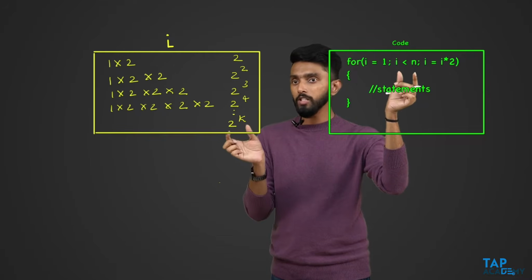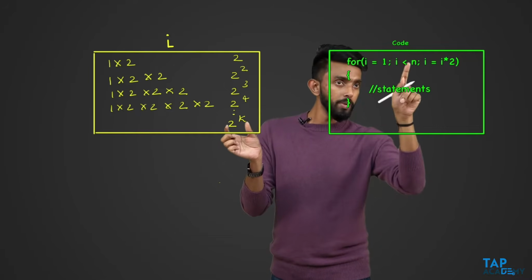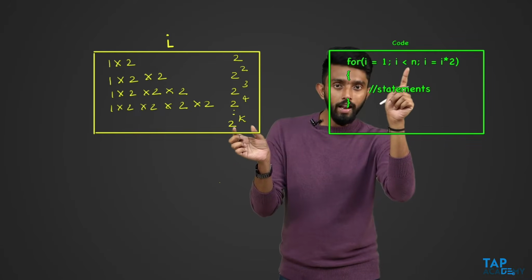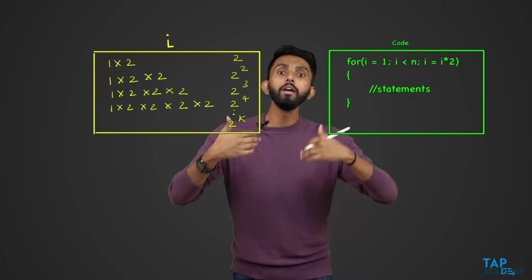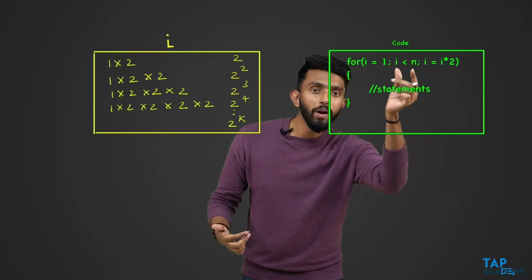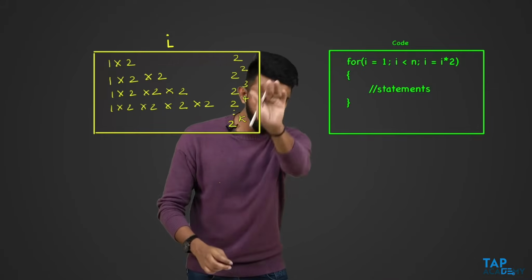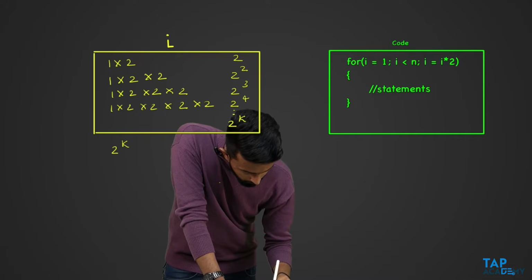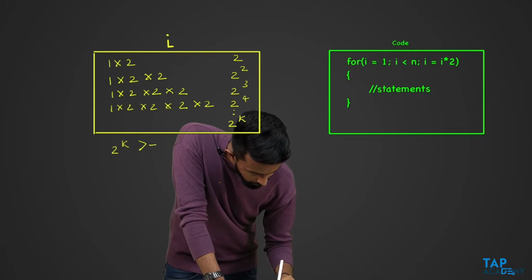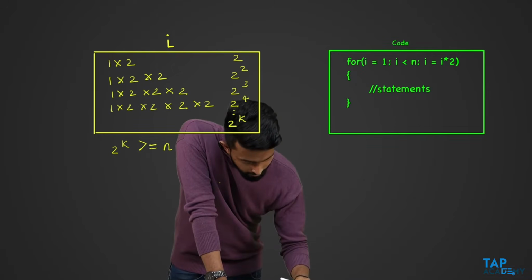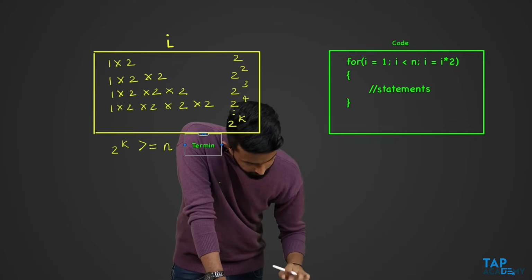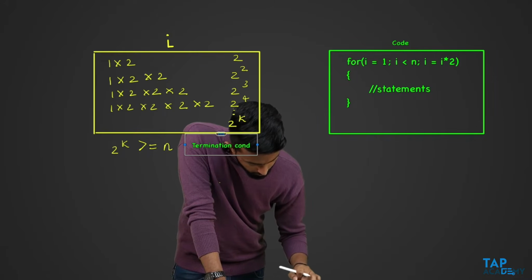This is the last value, that's why it came out. Which means, would you agree, 2 to the power k is not going to be less than n. 2 to the power k is going to be greater than or equal to n. Only then it will come outside. Which means I can write that 2 to the power k is greater than or equal to n. This in a way is my termination condition. So I am just writing it here. This is my termination condition.